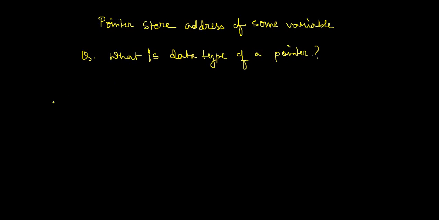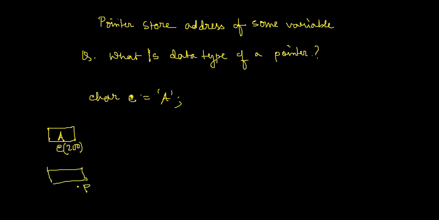I mean, if we consider that I have a character variable, char c equal to, say I am writing a like this, so that means I can assume that I have a variable c in my memory space whose value is a, and say whose address is 200.